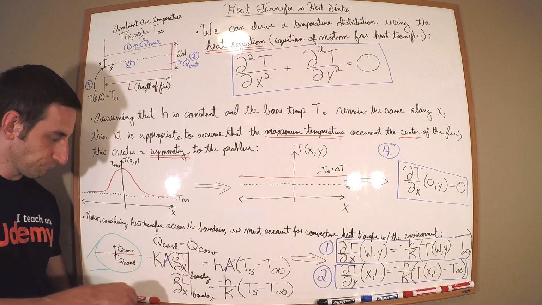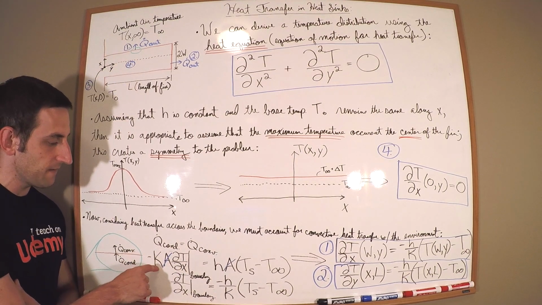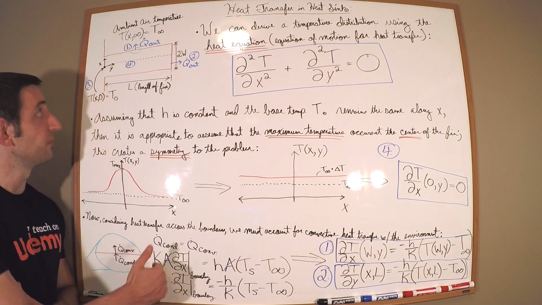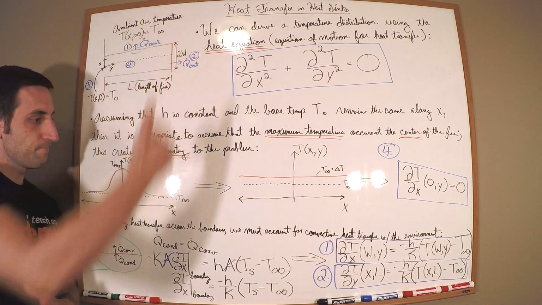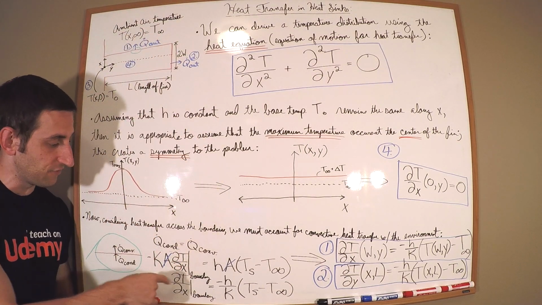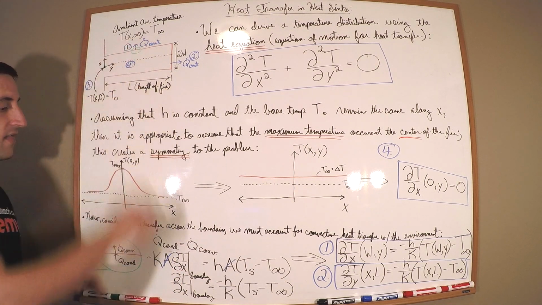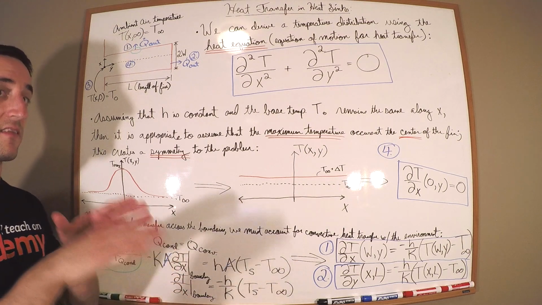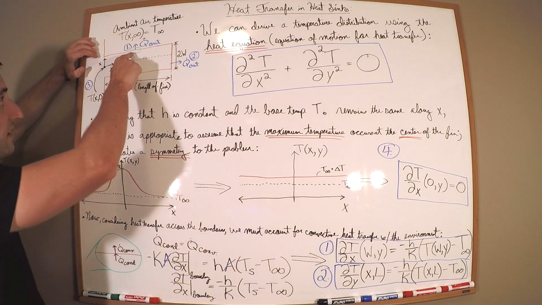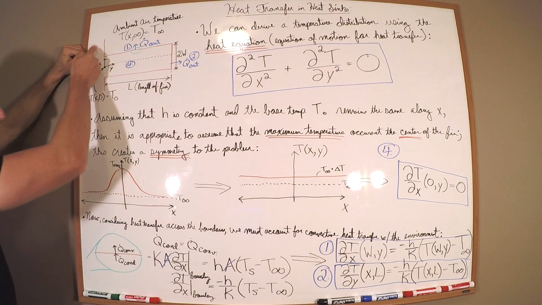So we know that from Fourier's law, conduction is negative k, conductivity, times the area it's flowing through, which would be the top area of this guy, times the temperature differential, which is driving that heat transfer at the boundary. So in this case, this temperature differential has to be the temperature differential across the boundary. So in this guy, we're going to have to go in the x direction.